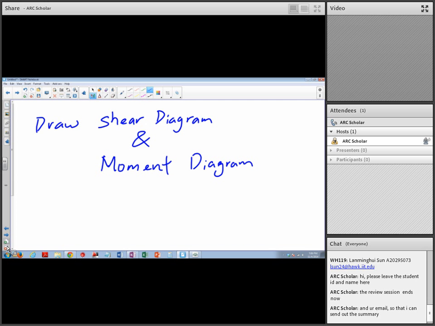So for chapter 7, you just need to know how to draw the shear diagram and moment diagram. There are 3 methods in the textbook, but I use the singularity method. So I'll go through the singularity method now. Because for me, the singularity method is the safest way. You won't make any mistake if you follow the rules.